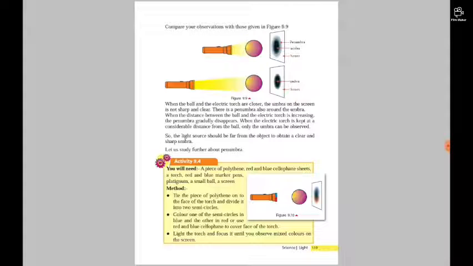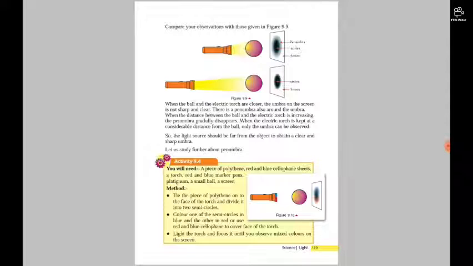When the electric torch is kept at a considerable distance from the ball, only the umbra can be observed. So in figure 9.9, second one, in there you can see that. So the light source should be far from the object to obtain a clear and sharp umbra.